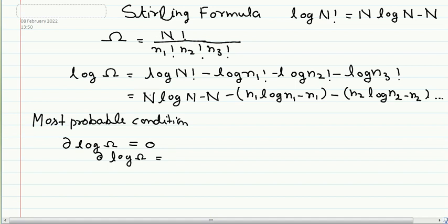Therefore the first derivative of capital N will be 0. So the first term is 0, and now come to the second term. For the second term it will be n1 into 1 upon n1 into delta n1 माइनस डेल्टा n1.